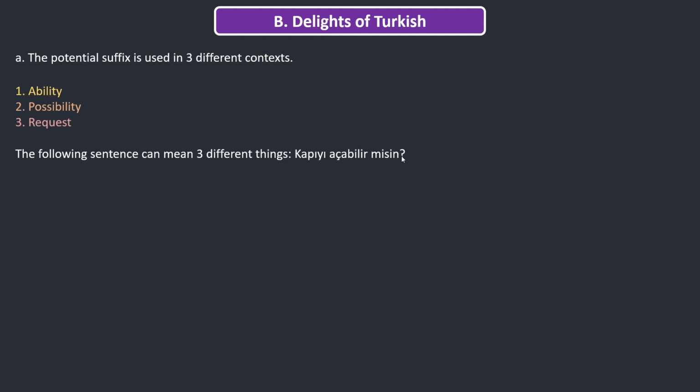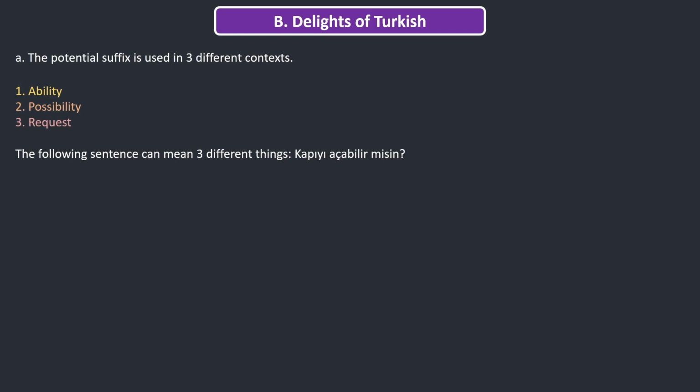Kapıyı açabilir misin? Kapı is a door, açmak is open, misin is the question. So it is asking a question. But what is the question? Is it, can you open the door? Could you please open the door? Or is there a chance you can open the door? Like, may you open the door? The difference depends on the context.